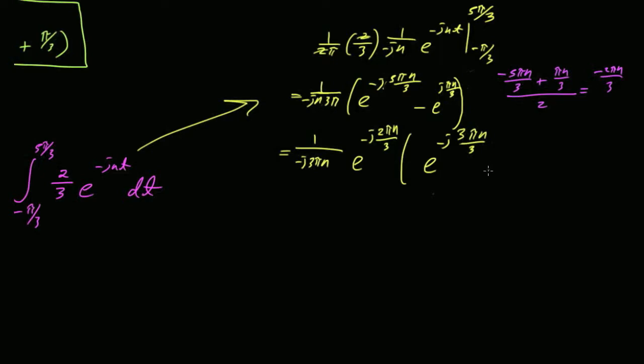Minus, and what happens to the other term? It'll be e to the positive, no? It's positive j pi n, sorry, e to the positive j 3 pi n over 3. Because look, 3 pi n over 3 minus 2 pi n over 3 leaves you with 1 pi n over 3. Cha-ching! Now, why'd I do that?